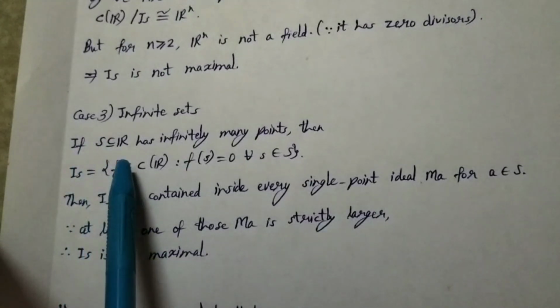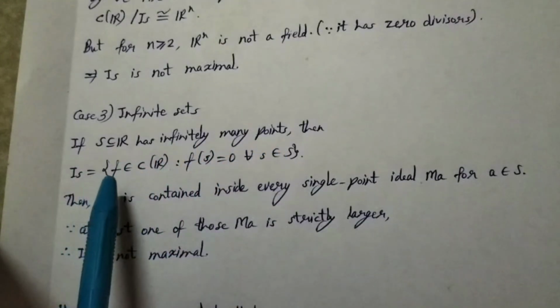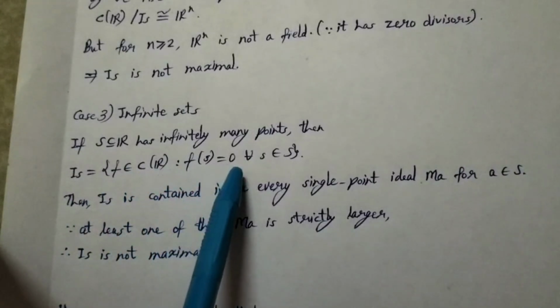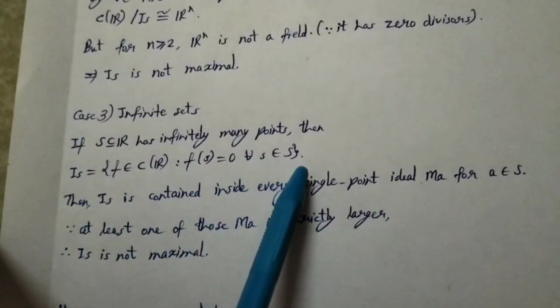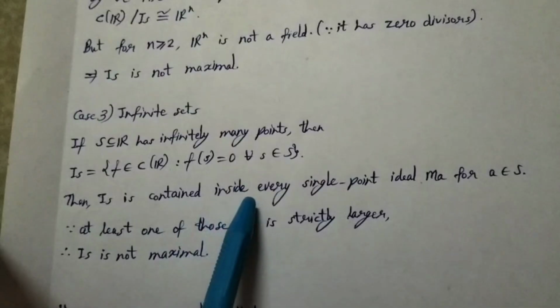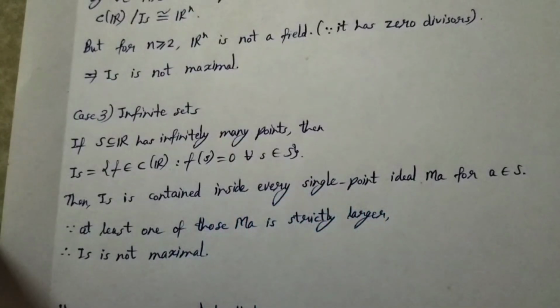So if S is a subset of R and has infinitely many points, then I_S equal to {f belonging to C(R) such that f(s) = 0 for all s belonging to S}, then I_S is contained inside every single point ideal M_a for a belonging to S. And since at least one of those M_a is strictly larger, therefore I_S is also not a maximal ideal in this case as well.